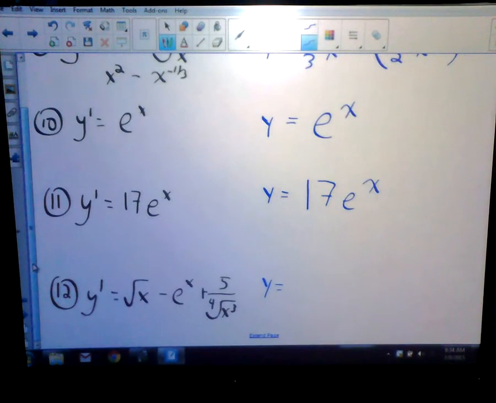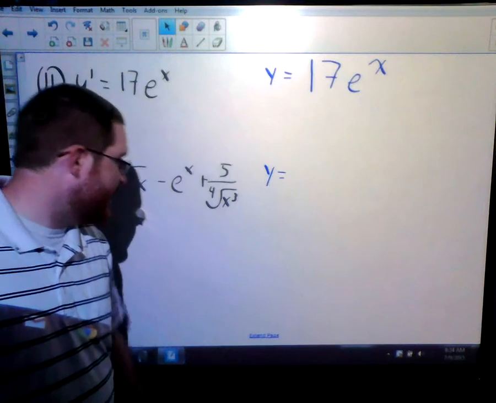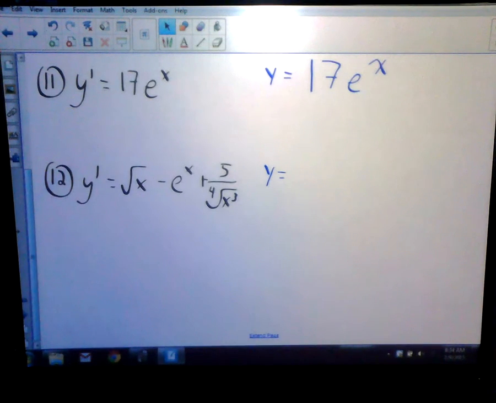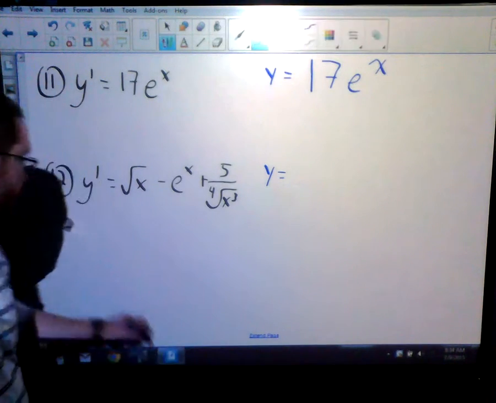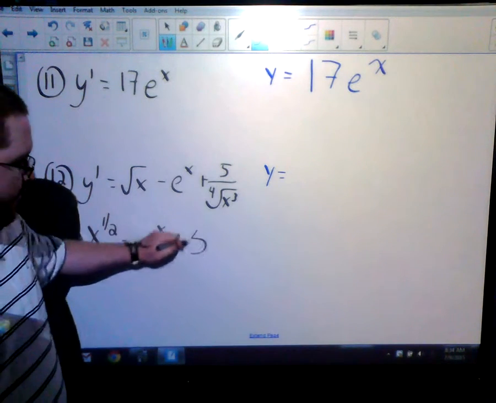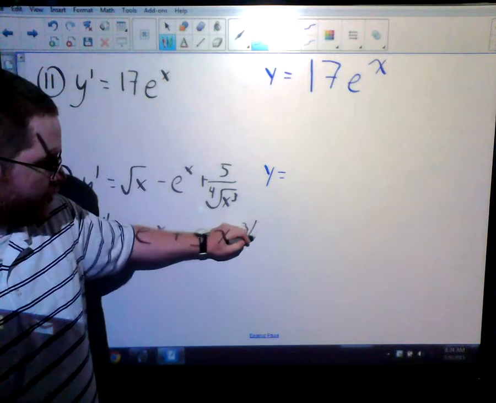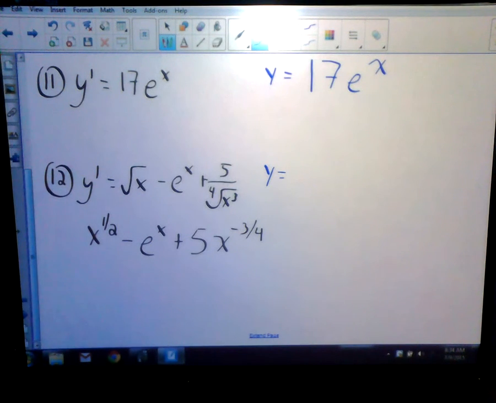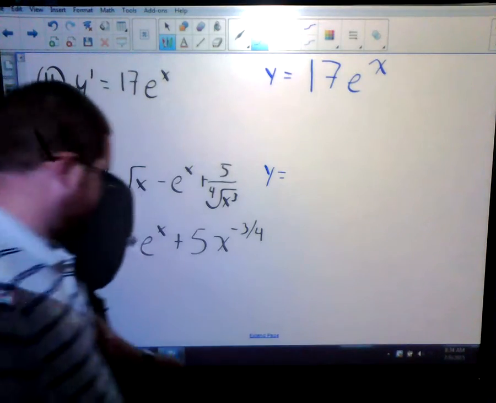How about a problem like this? This looks complicated, but it's really not. Treat each problem separately. Rewrite this as x to the 1/2 minus e to the x plus 5x to the negative 3/4 power. Rewriting the problem as powers instead of roots makes this much, much easier.